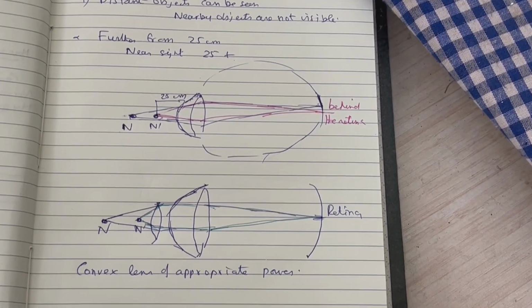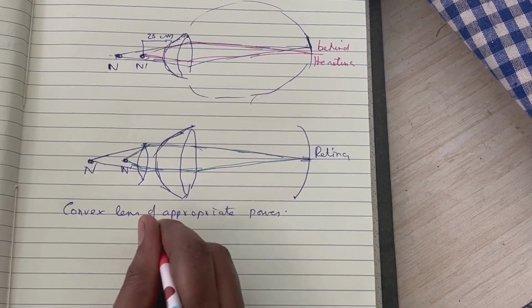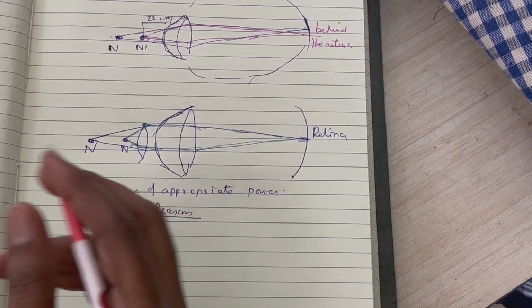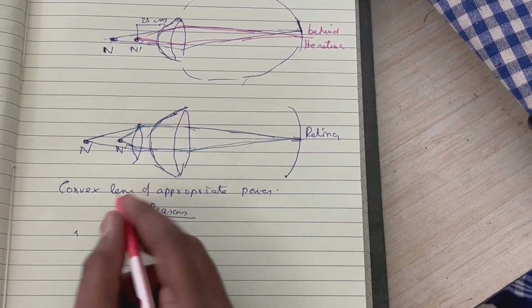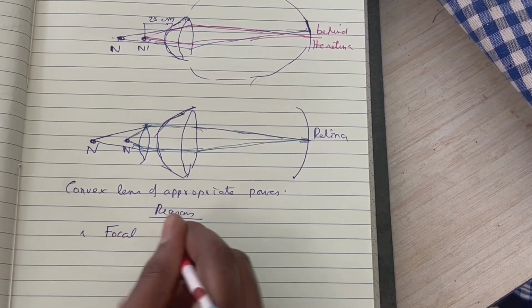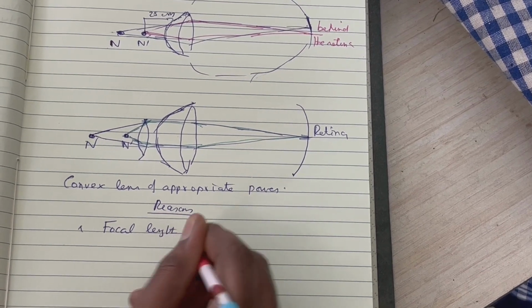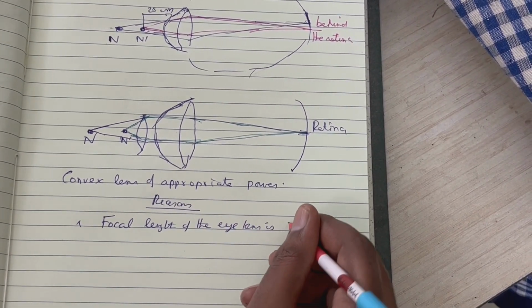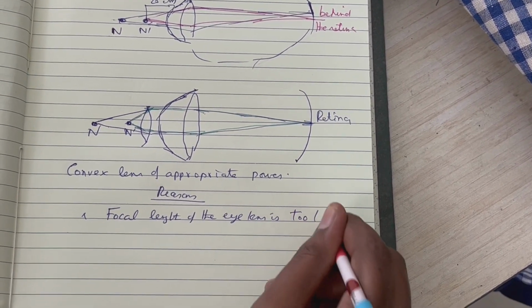what are the biological reasons behind such a situation? Obviously, one reason could be that the focal length of the eye lens is too long.